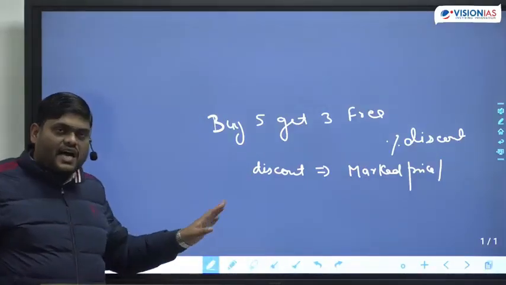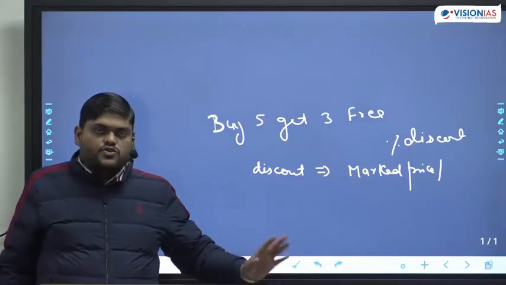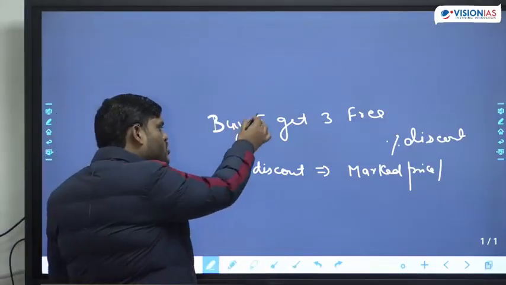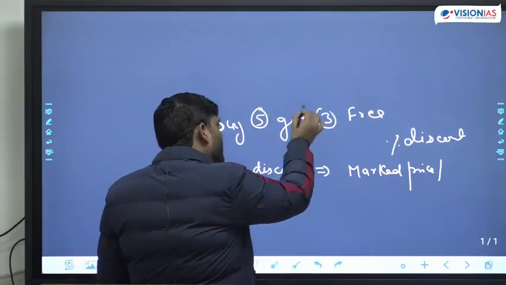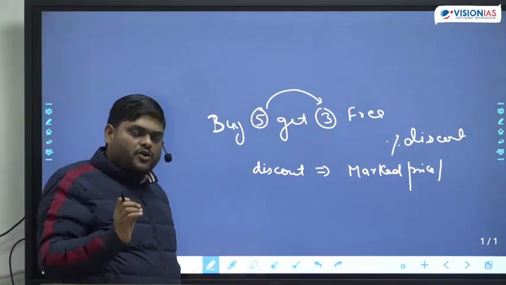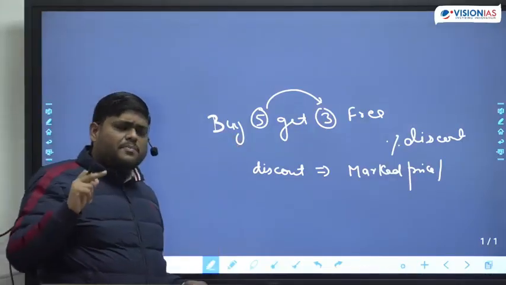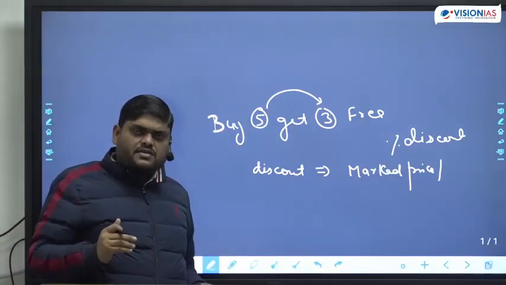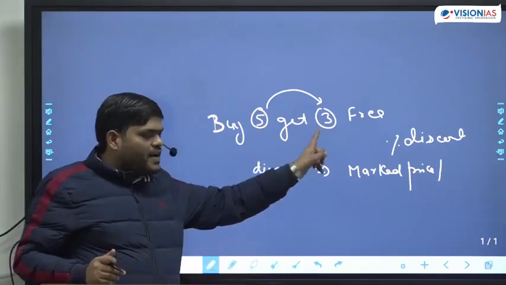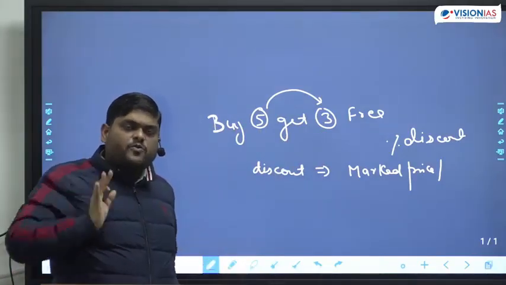Similarly here, as a shopkeeper, how many items are going from my shop? Total 8 items are going from my shop, or not? Suppose the price of one item is 100 rupees. Then the total price of 8 items will be 800 rupees, or not?